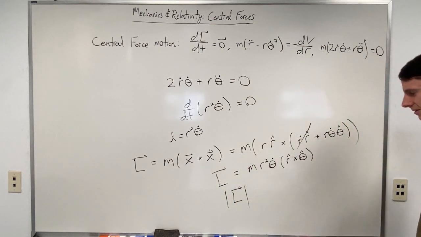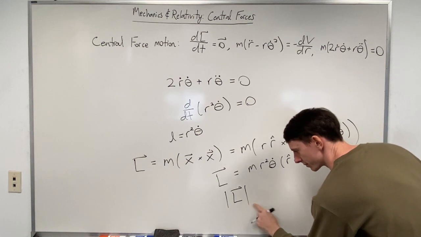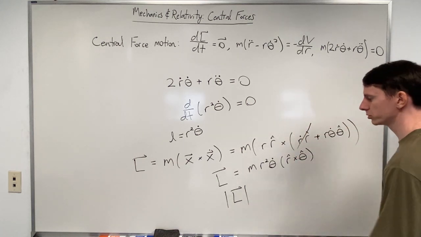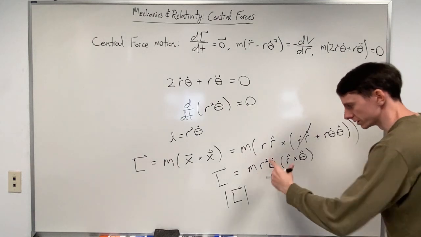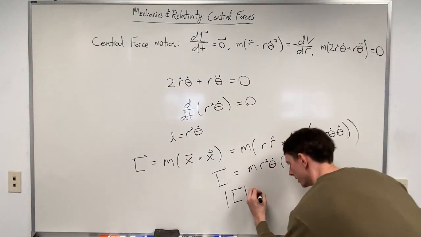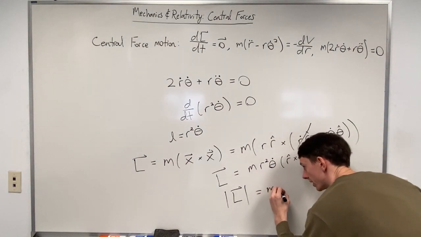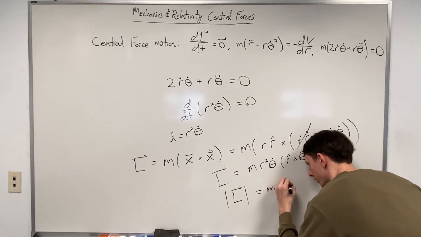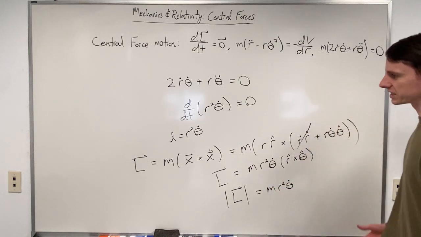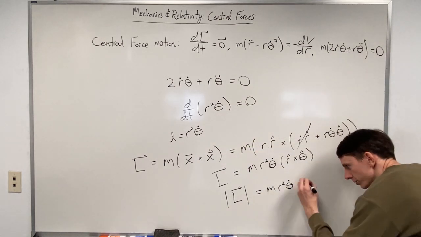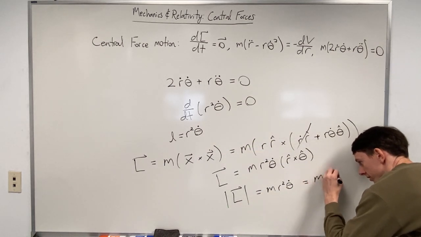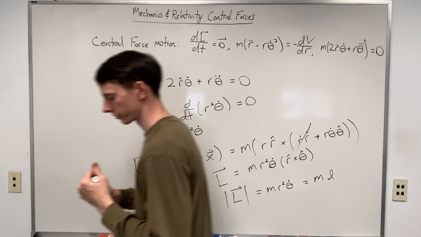I've been trying to get over a cough. But if we were to take the magnitude of L, that would just be this quantity without the vector components, right? The scalar quantities out front. So the magnitude of L is just going to be m times r squared times theta dot, but we said that lowercase l is r squared times theta dot. So the magnitude of the angular momentum vector can also be written as just m times lowercase l right here.